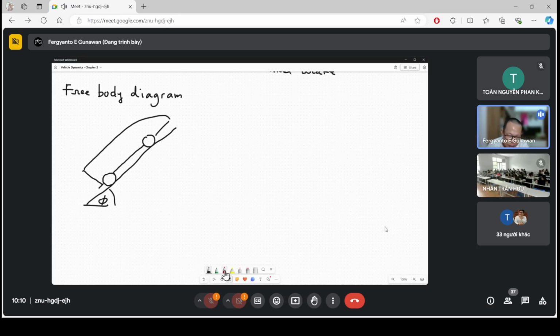We already know that the center of gravity will be located here. This is the x direction of the car, and this one is the z direction of the car.